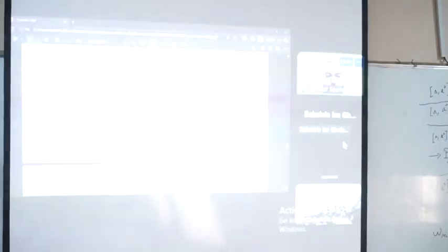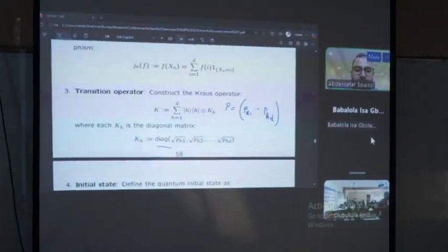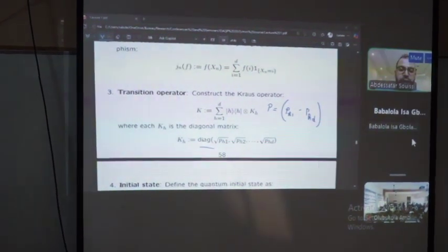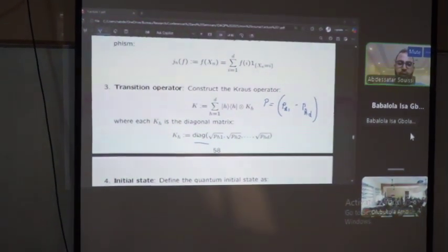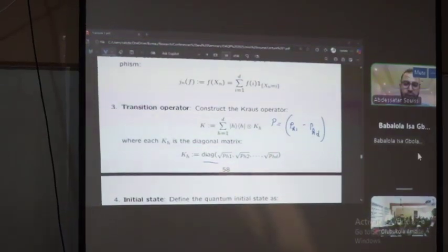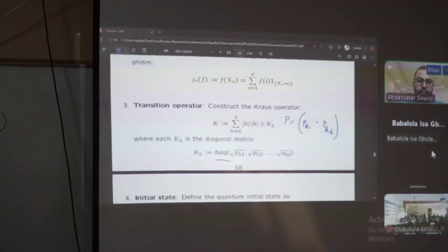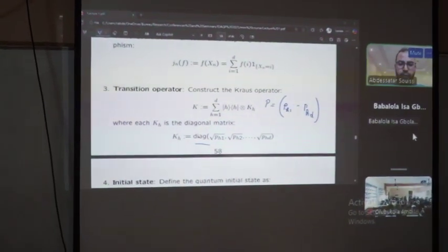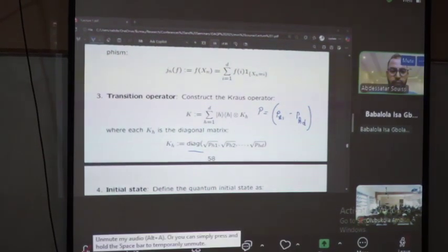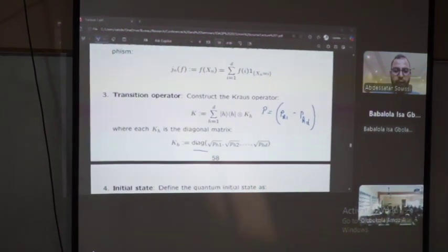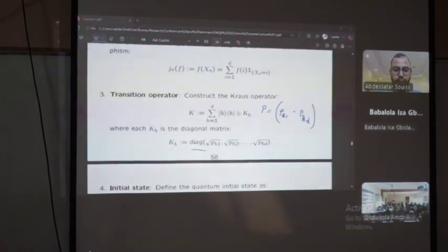Did you hear the question? It's very challenging to hear because using the mic we get an echo. But if you use the phone directly, maybe it can be clear. Is there a relation between the relative entropy in quantum communication and the conditional expectation?